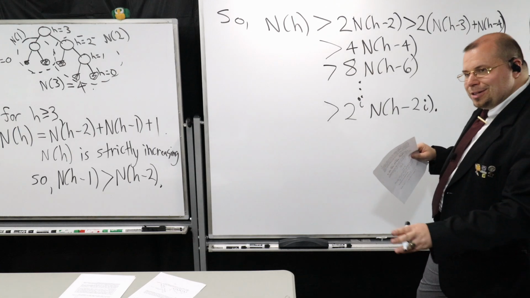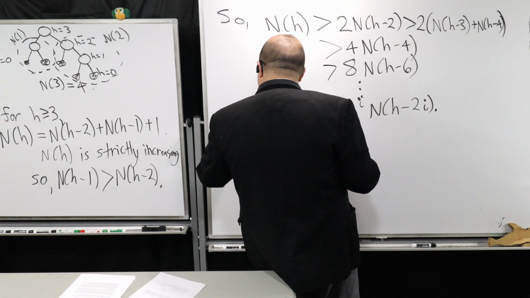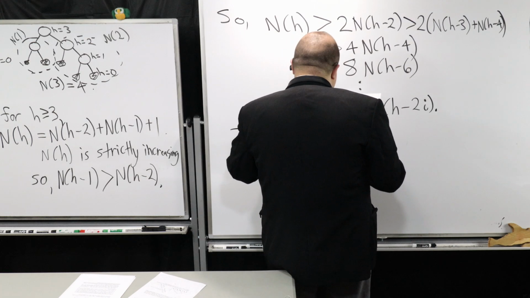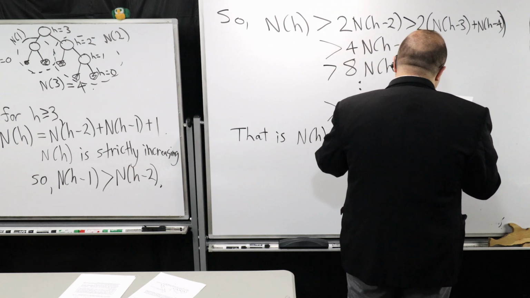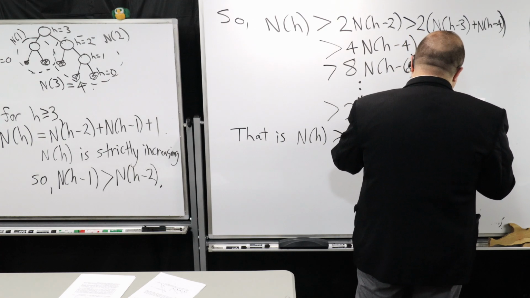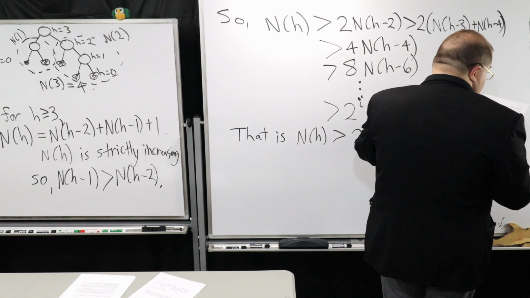So I can conclude the following now. That is, n of h is strictly bigger than 2 to the power of i times n of h minus 2i.